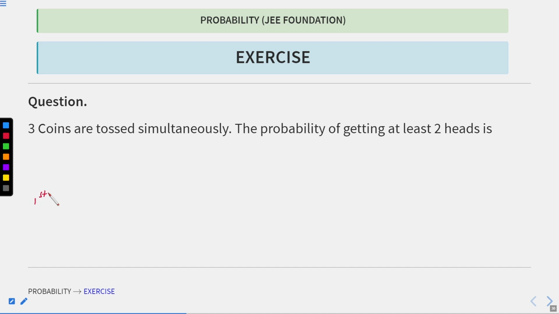In the first toss, we are either getting head or tail. Now for the second toss, I'll be getting head or tail again. Similarly, if in the first toss I got tail and I toss again, I can get head or tail.